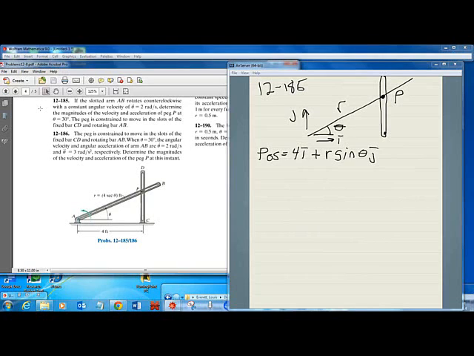The hypotenuse changes. So R is a variable, and so is theta. So what I'd like to do is figure out what R is. Can you tell me what R is? That distance right there. Give it to me in terms of an angle. How about this? R cosine theta equals 4. Does that work? Okay, so R cosine theta.